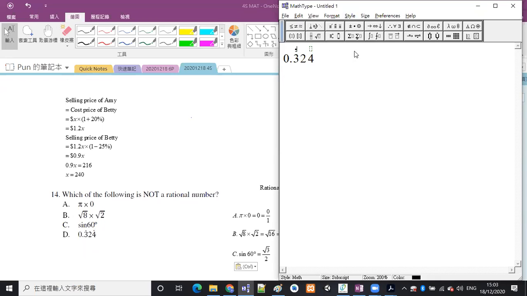This is a dot, this is a dot. Remember that we have done this. Let x be this, and then x is equal to 0.324, 324, 324, many 324s. Label this equation 1, and then we multiply equation 1 by 1000 this time, because there are 3 repeating numbers, 324.